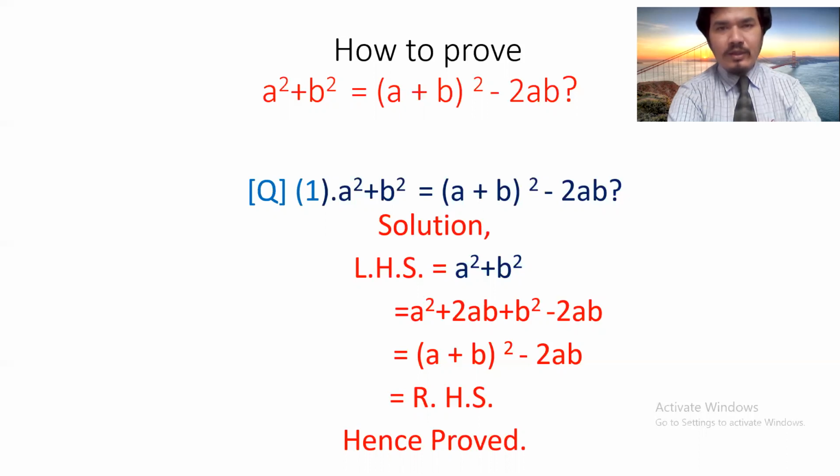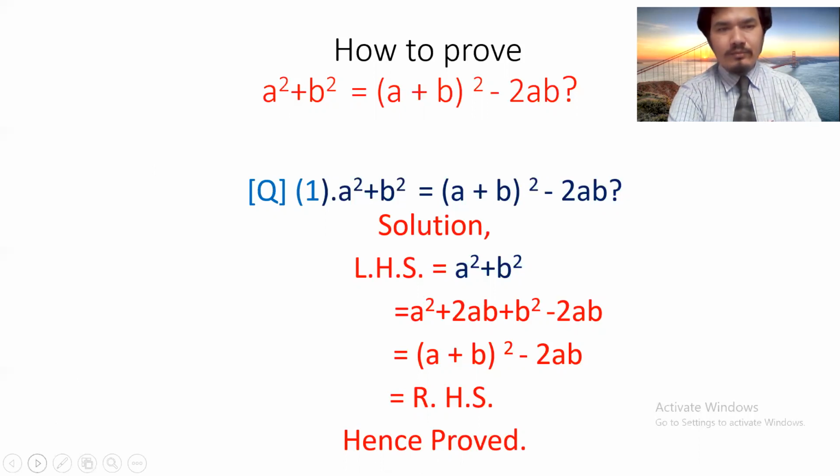Look here, in the first question: number one, a square plus b square equals a plus b whole square minus 2ab. How does this come? That I am going to show here.